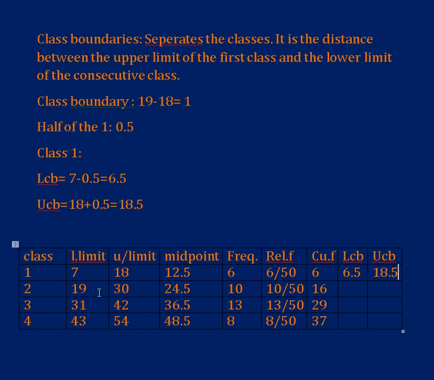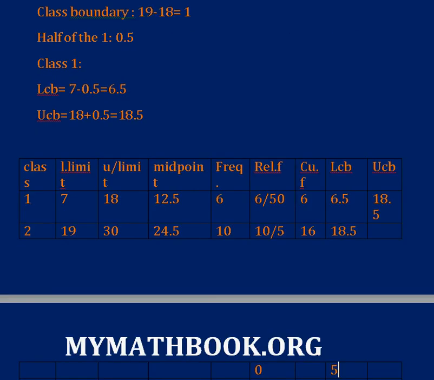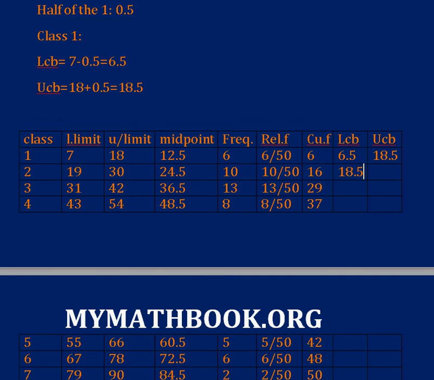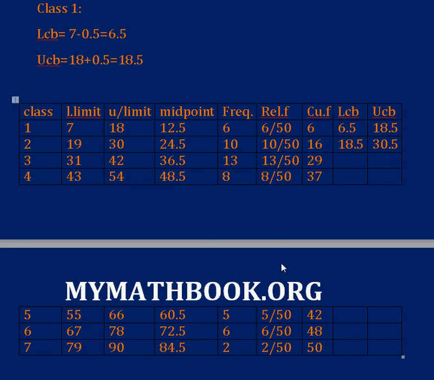All we do is subtract 0.5 from the lower limit, so 19 becomes 18.5, and the next upper limit, 30, becomes 30.5, adding 0.5 to 30. Now you realize something: the boundaries are the same. That means that when you construct the graph, the bars are going to touch each other, and that makes the difference between the bar chart and the histogram.